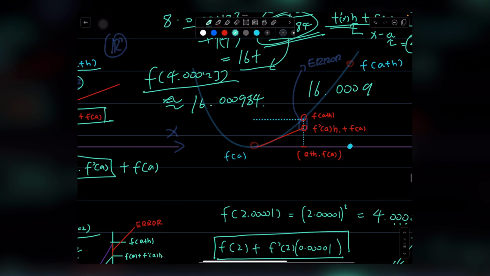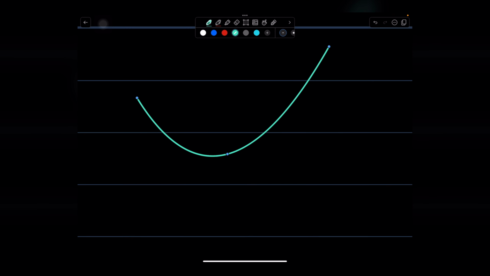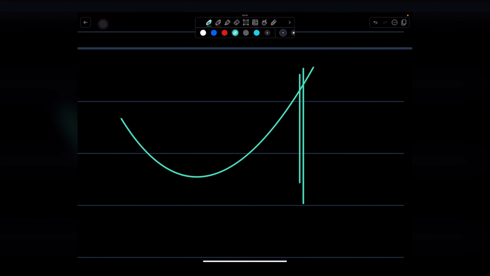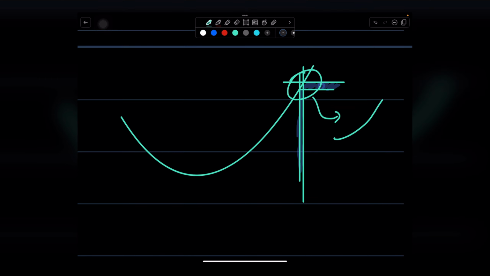However, when h is so small that we can find the amount of change on the y-axis and the amount of change on the x-axis, when we zoom in, it would be something like this.